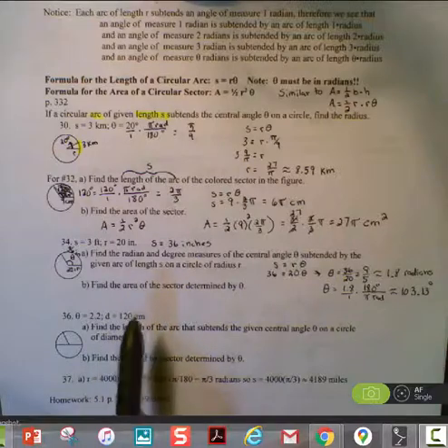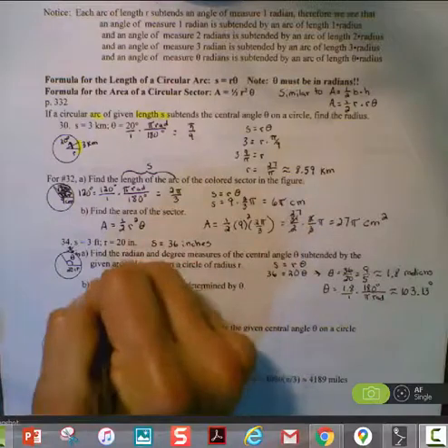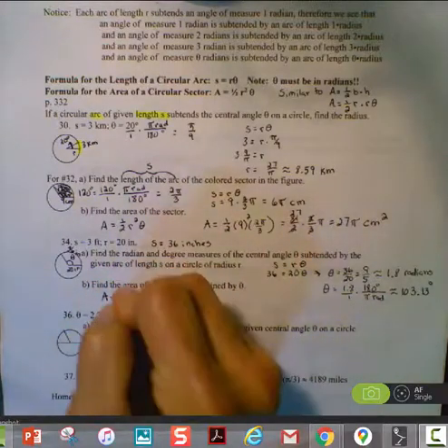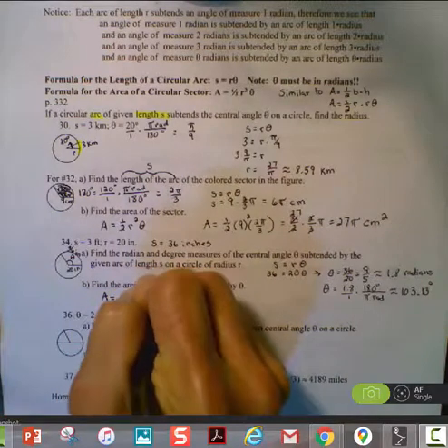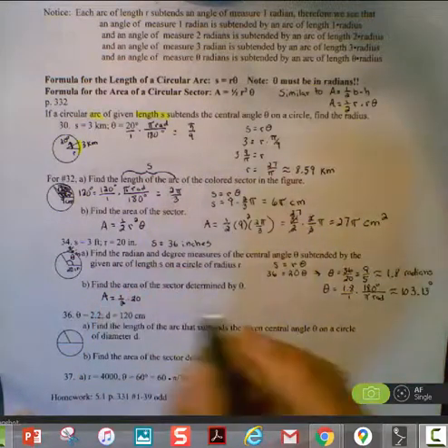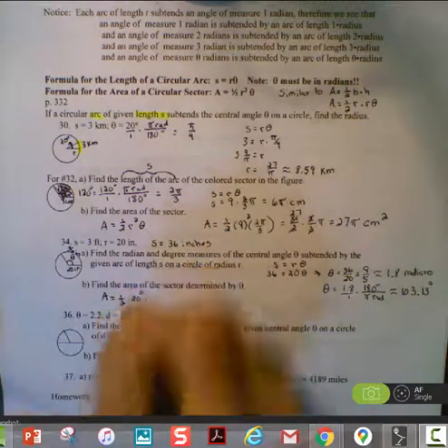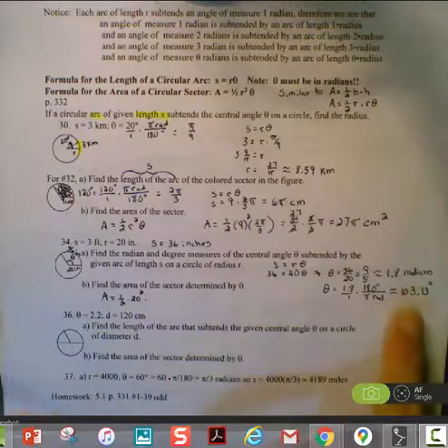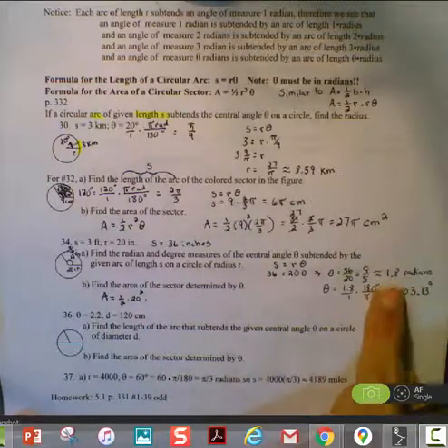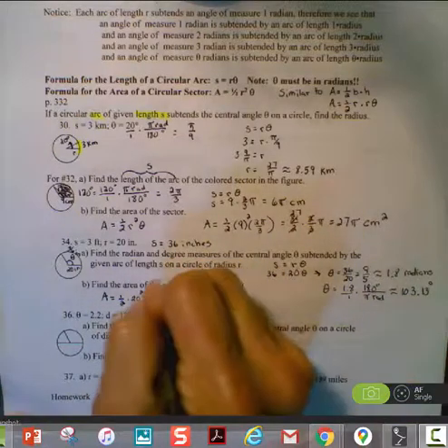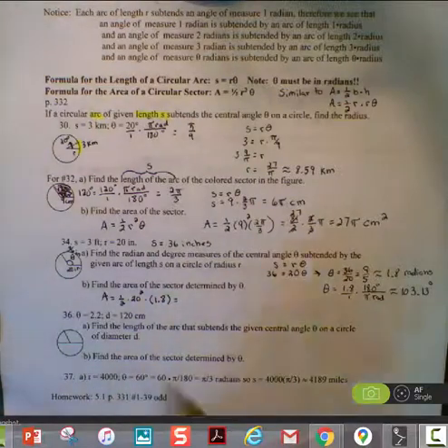The B part says find the area of the circular sector determined by theta. Well, now we have R is 20 inches, and that's supposed to be squared, 1/2 R squared theta. Our theta has to be in radians, so we need to use the 1.8 rather than the 103. And we can just punch that on the calculator.